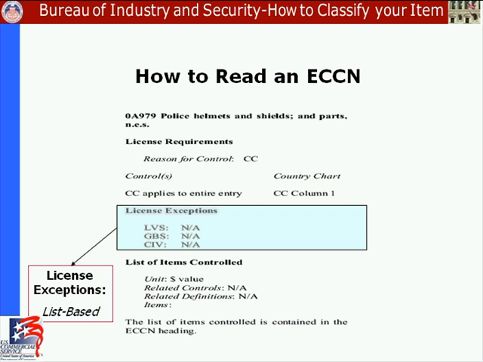We have many other license exceptions inside of our Part 740. Many of those license exceptions, we call transaction-based license exceptions. They may apply to many other ECCN numbers. They are based on the type of transaction you have.